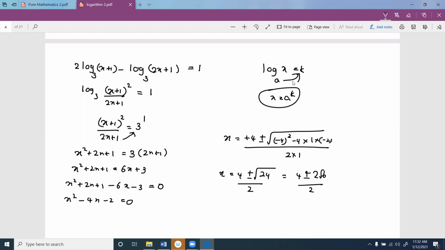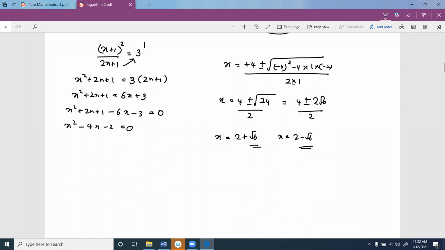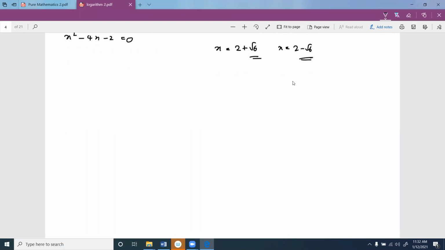So you get the answer: if you divide by 2, x equals 2 plus root 6, and the other one is 2 minus root 6. That is the answer. That's a way of understanding this kind of situation. Let's see what kind of examples they ask further.